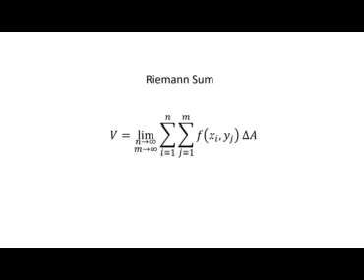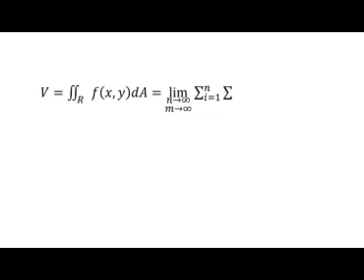Thus, the definition of a double integral of a function of two variables over a rectangular region R is given by double integral over the region R of f of x, y into dA is equal to limit n, m tending to infinity of summation i equal to 1 to n summation j equal to 1 to m of f of xi, yj into delta A. Here dA is dx into dy.